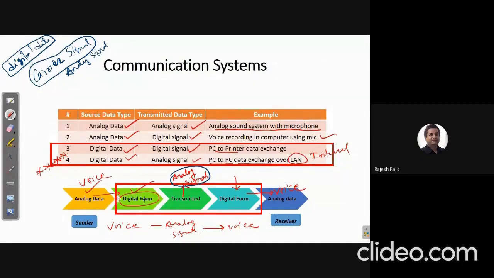But when we transmit that digital data, we don't lose any information. You got my point? So during this conversion we lose some information, but when we transmit it, we don't lose any information.